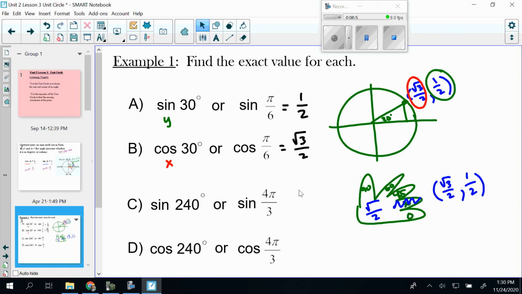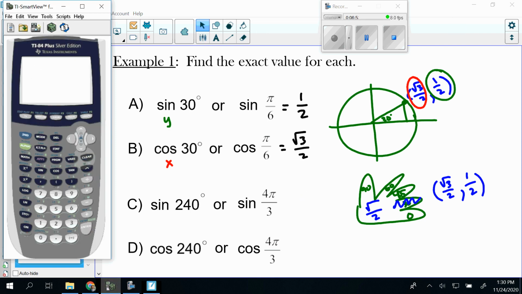All right, so again on the calculator, if you look at this one, I'm going to go back to degrees here. If I enter in cosine 30, I'm going to get this decimal number, which might not mean much to you. But now let me also enter in square root 3/2. So if I do square root of 3, I got to hit over to get outside of that square root, divided by 2.